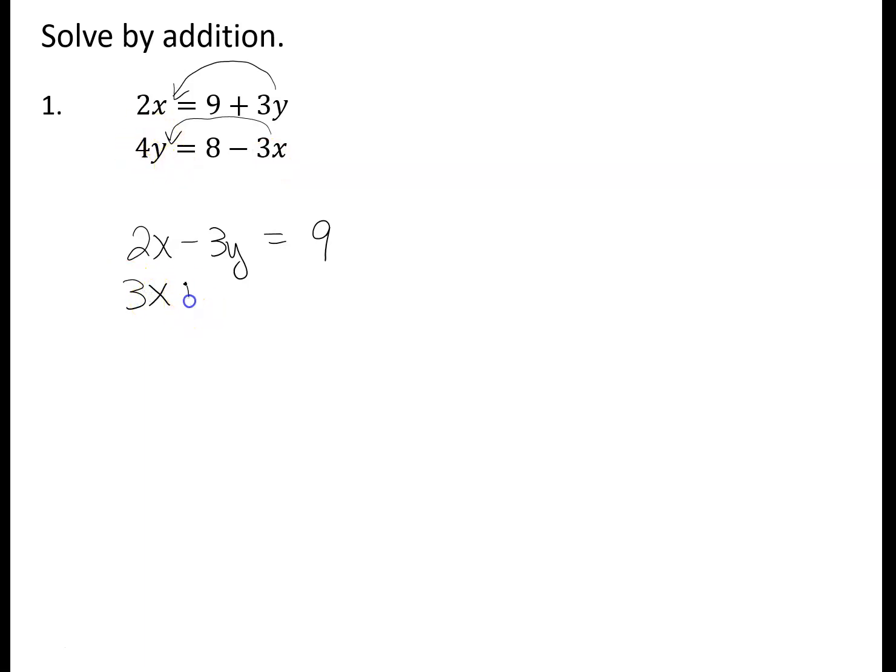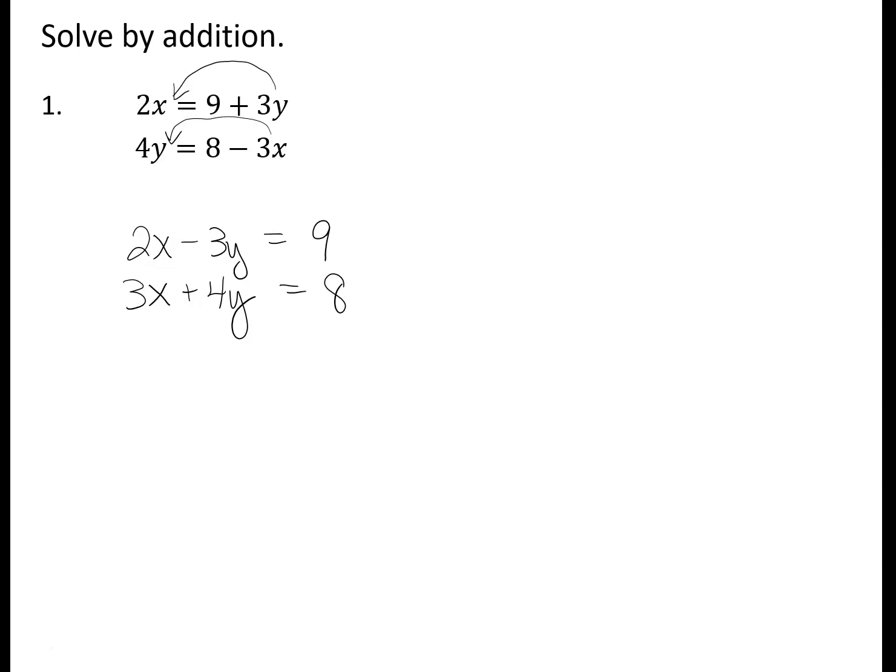I'll still have the 4y on that side and the 8 on the right side. And I want the terms in order with the x's lined up, the y's lined up, the constants lined up. So that's step 1. A lot of times the equations will already be given in that form.